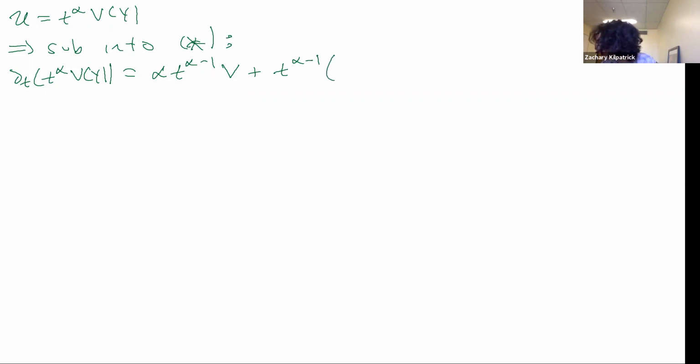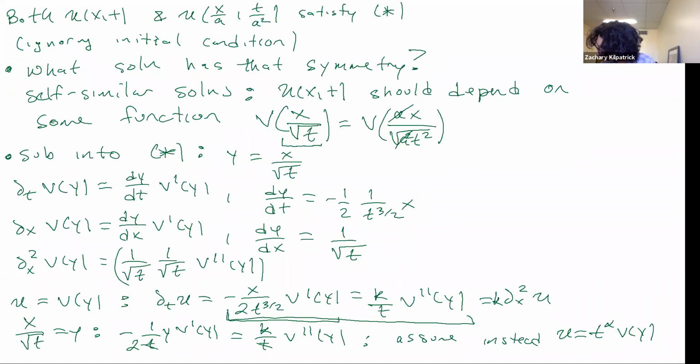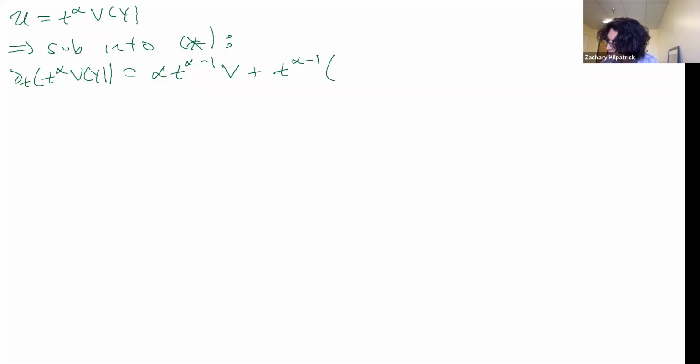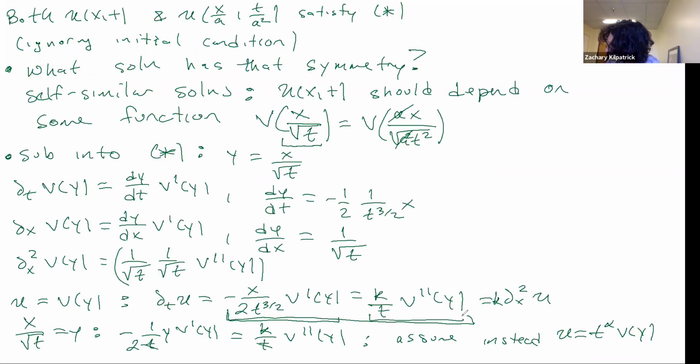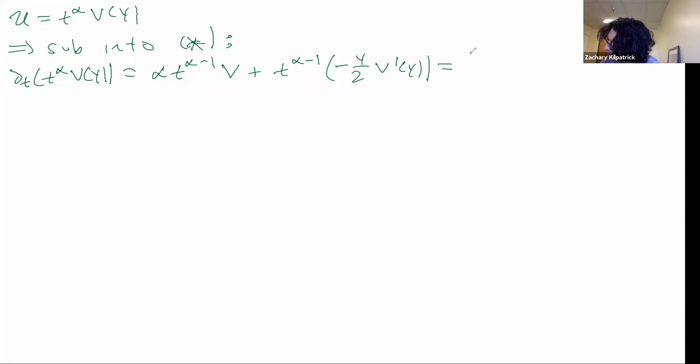And then we have this additional 1 over 2 term here. So this minus y over 2 term here, v prime of y, okay, is equal to now this additional term here, right, k over t v prime prime, okay?